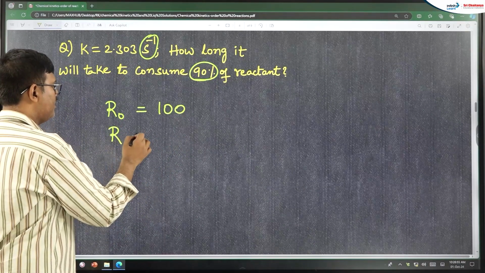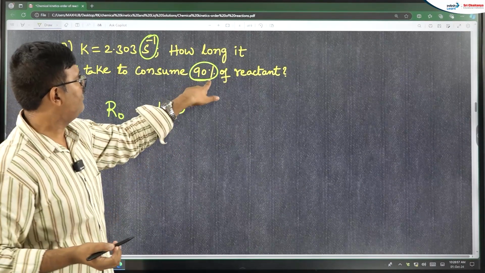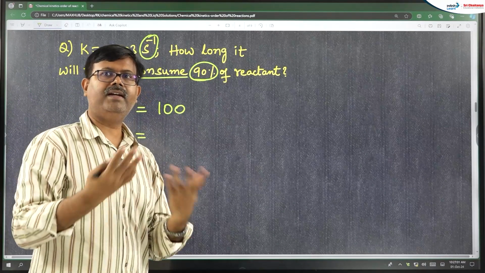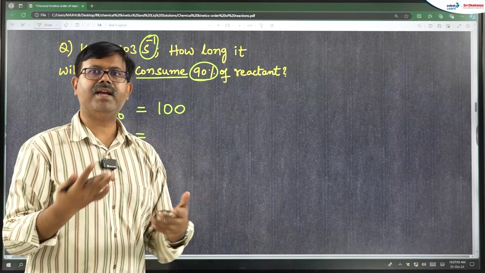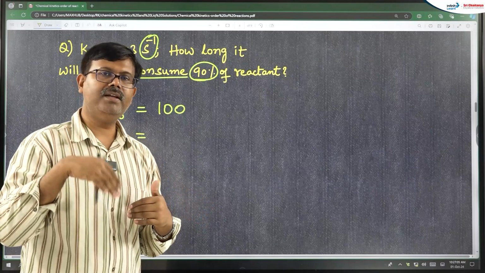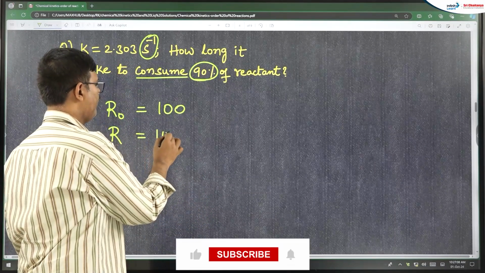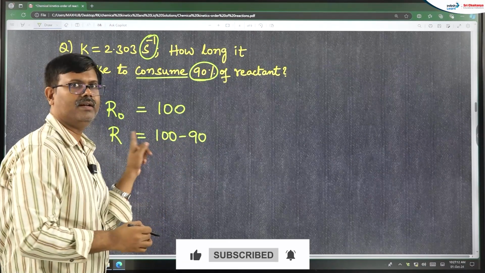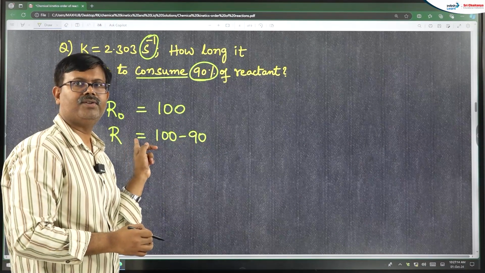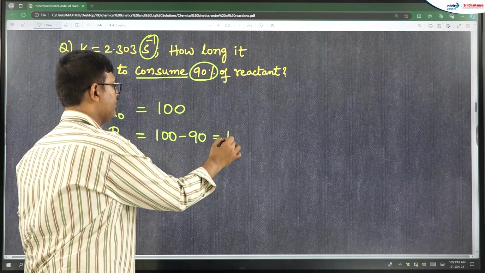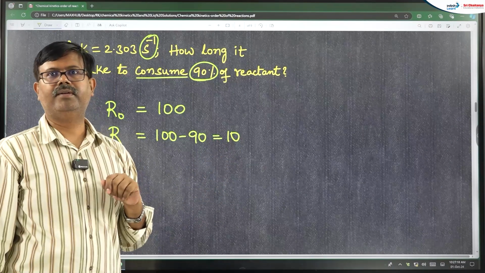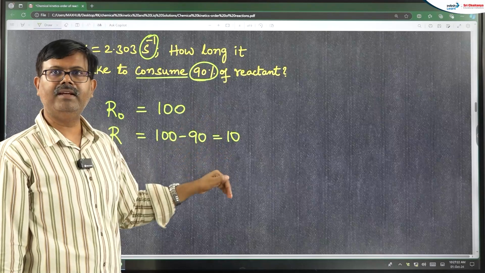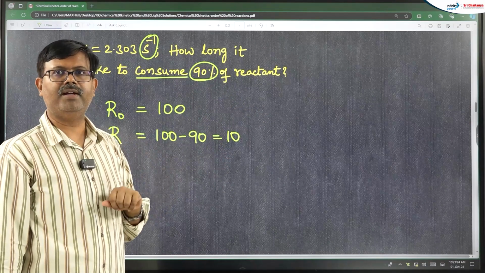Then the final concentration: 90% consumed means what? Reacted. If 90% is reacted, how much will be remaining? Out of 100, if 90 is reacted, then the remaining concentration R is 10. So, like this, R naught you take 100, R you take 10 and substitute in the right formula.